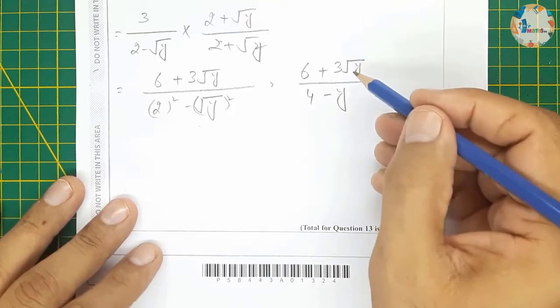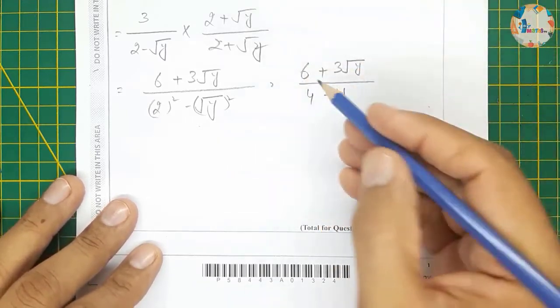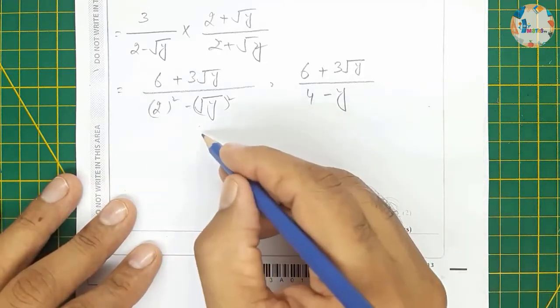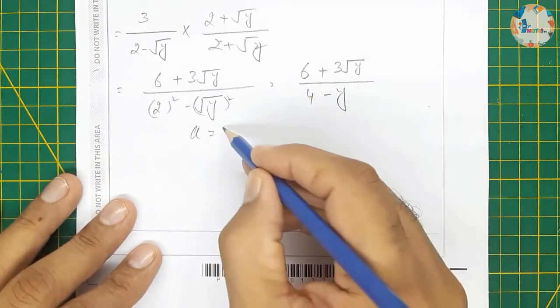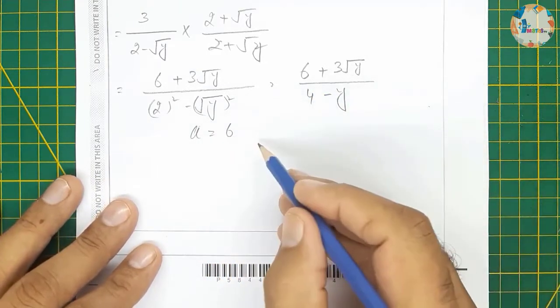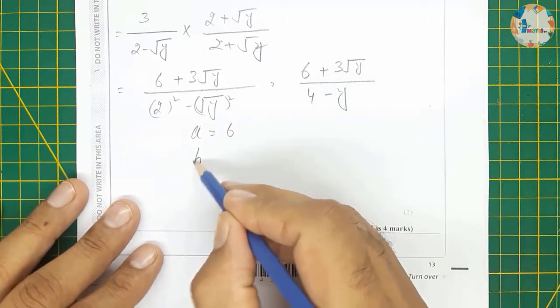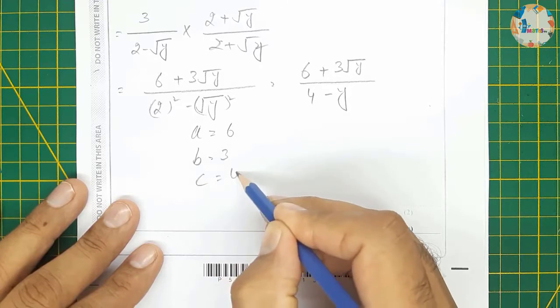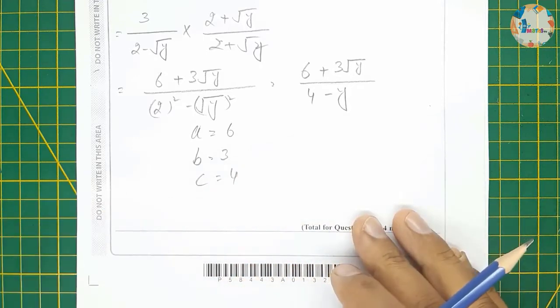So if we compare this one with this, our a value is 6 and b is equal to 3 and c is equal to 4. So we can compare these values.